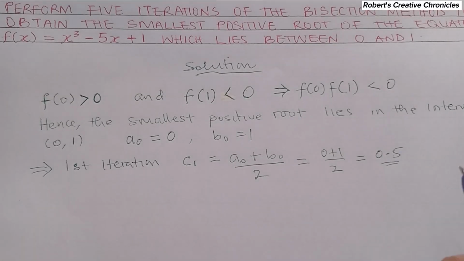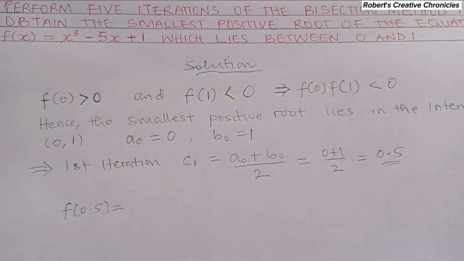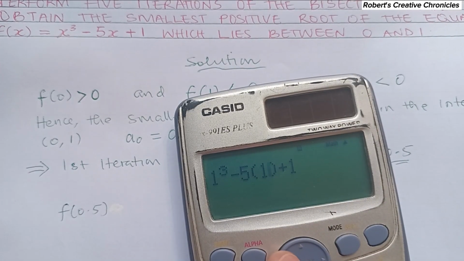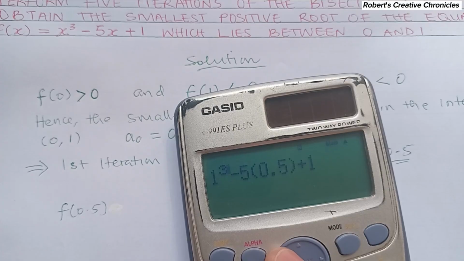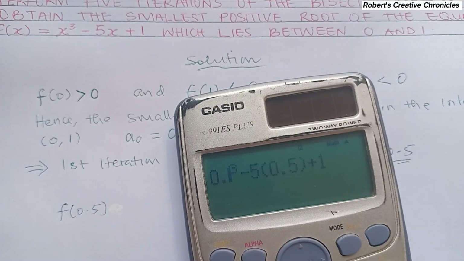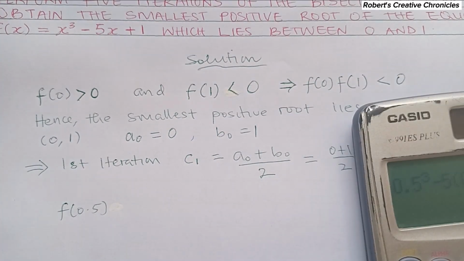So now we'll find the function of 0.5. We put 0.5 here. So this is negative, so this will be less than 0.